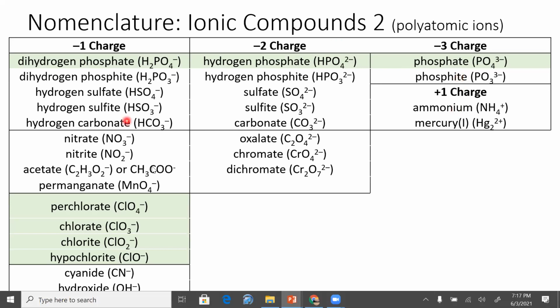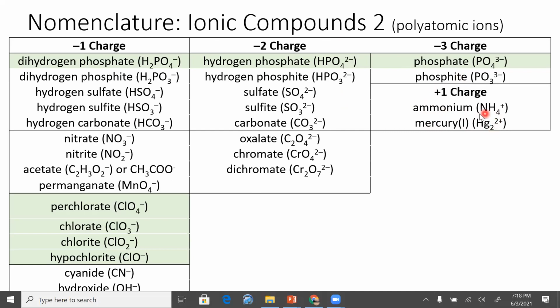Now, of all of these that are listed here, these are the 2 common polyatomic ions that have a positive charge. So ammonium has 1 nitrogen, 4 hydrogens, and the overall charge is plus 1. If we look at mercury, this is a little unusual. It's a polyatomic ion because it has 2 mercury atoms in it.